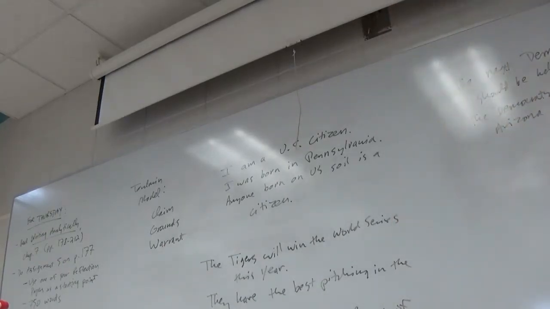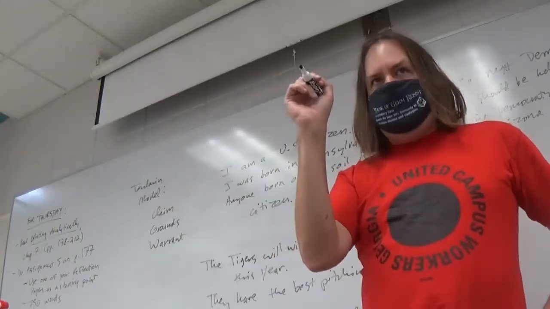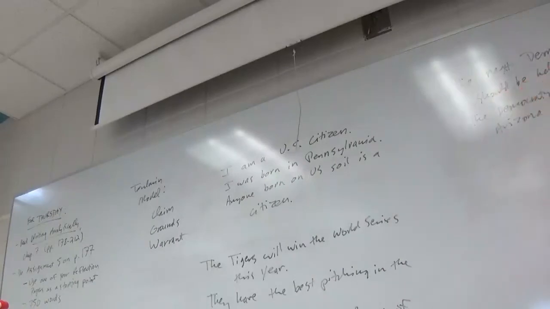So we all get how this works, right? So each paragraph that you write, in addition to your claim and your evidence, is going to need to include these warrants as well, right? Explaining to your reader why you're interpreting your evidence in this way.